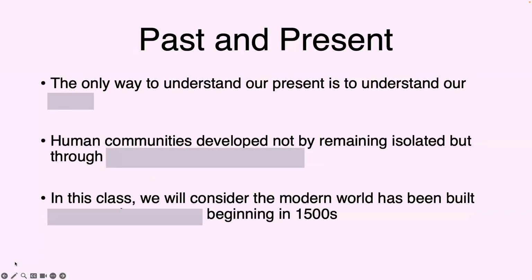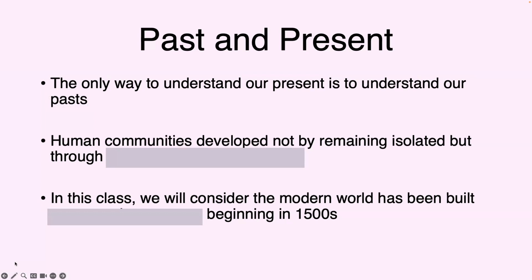So let's begin with a short introduction to history, right? There's something I want to talk about really quickly: what history is, how we use history, and why we should care about history to understand what's going on today, right? The only way to understand our present, where we're living right now, is to understand our past, right?